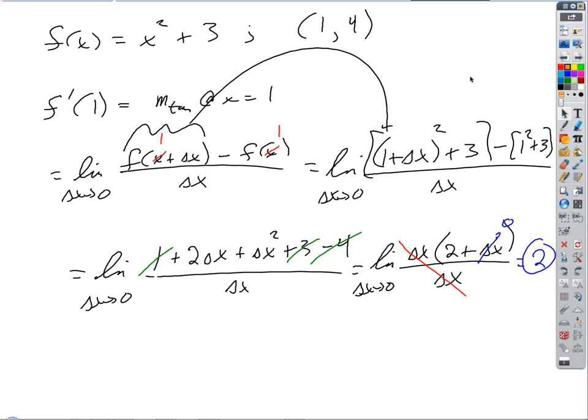What if we had done this problem a little differently? If we go back and look at the work that we did here, we said we have this function f of x equals x squared plus 3, and we're going to go to the point x equals 1, which turns out to be y equals 4. Did I really need to pin it down to 1, though? I didn't, right?